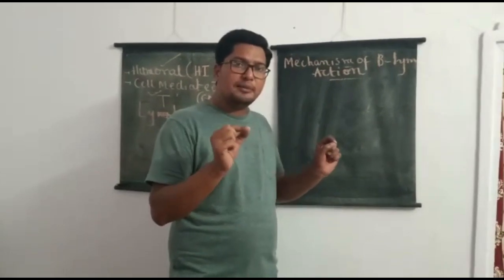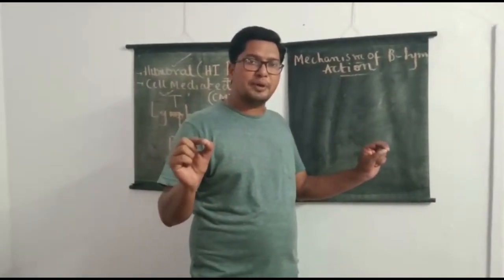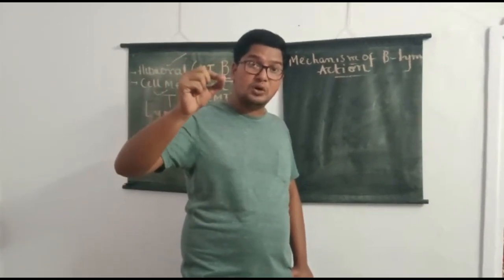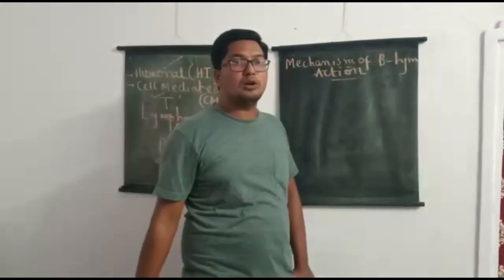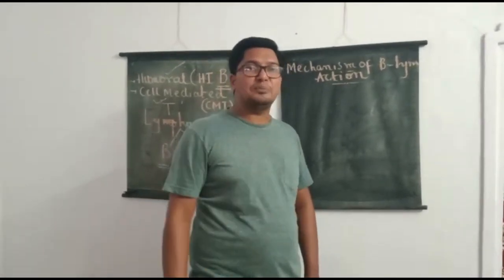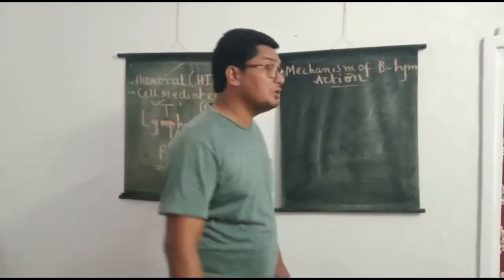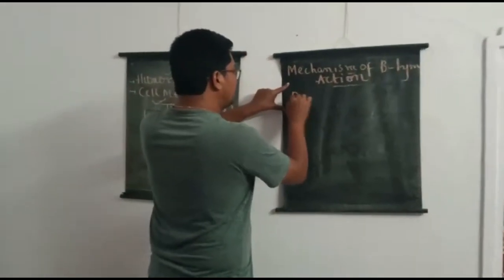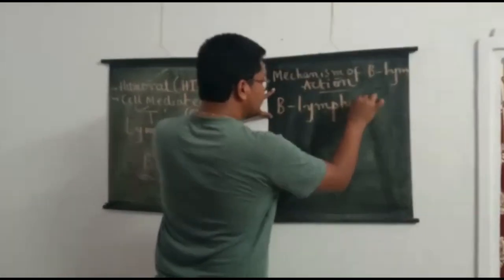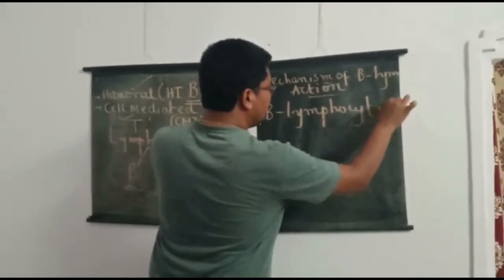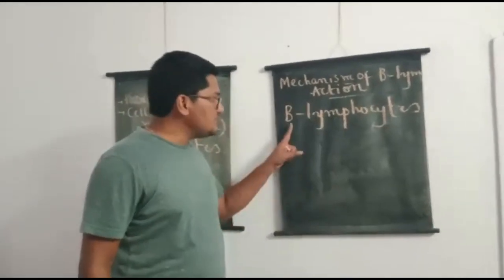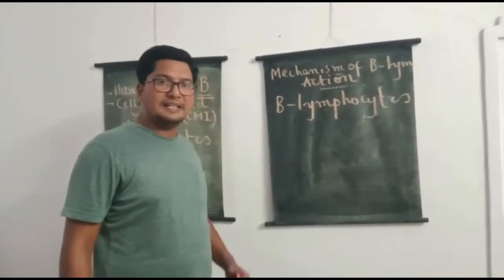But simply, students should remember, the immunity offered by the circulating antibodies present in the blood is called humoral immunity. And from where are these circulating antibodies produced? I already told you who will produce antibodies. Broadly speaking, antibodies are produced by the B lymphocytes, and how and when do these B lymphocytes produce the antibodies?